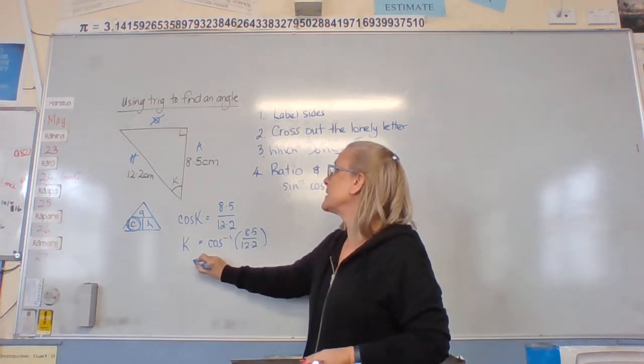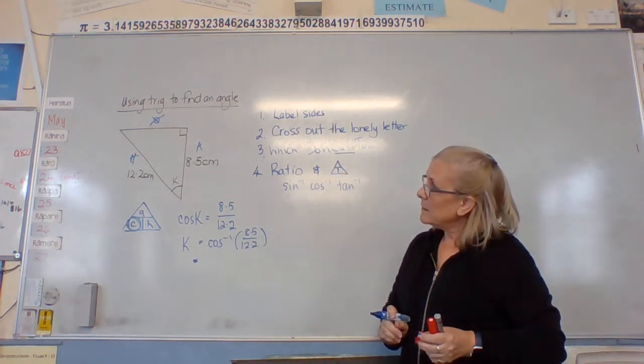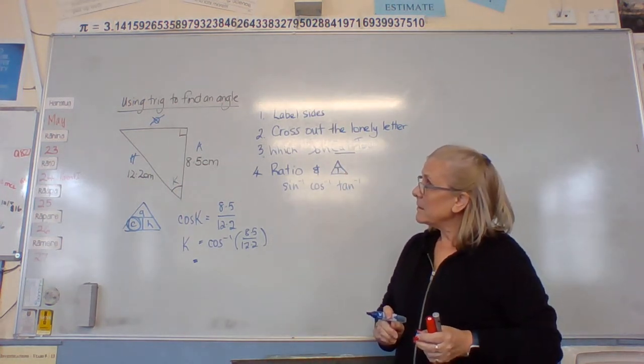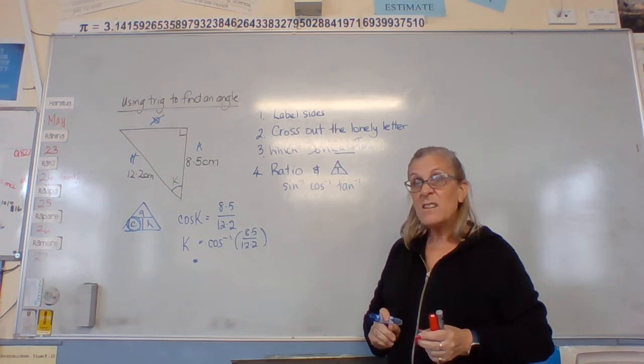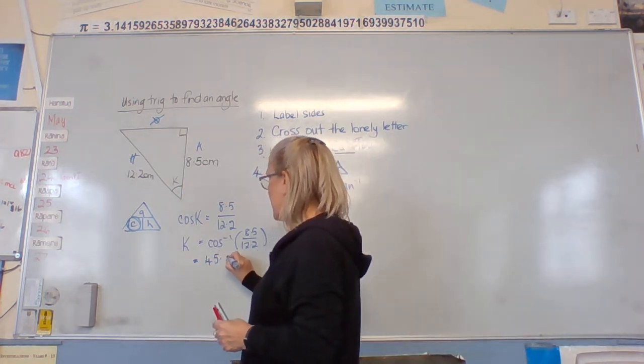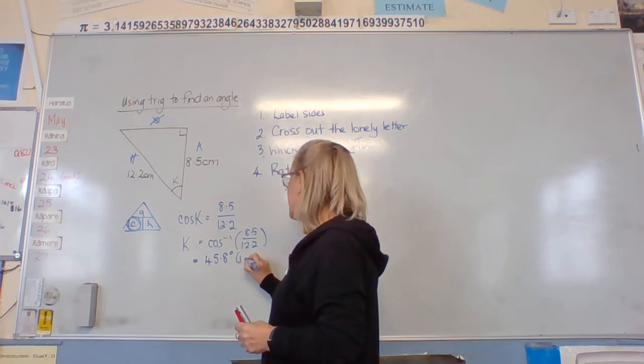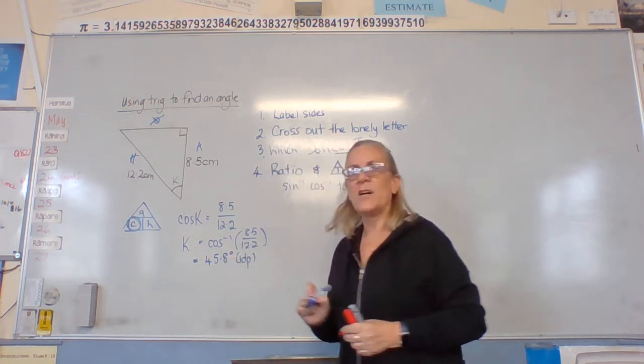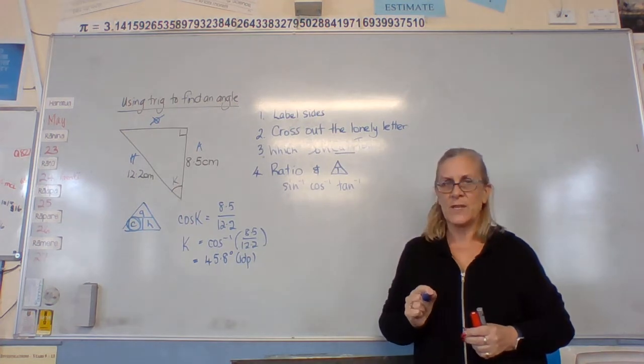And we get 45.8, 1 dp, and it's a degree this time. So our unit this time is a little circle for degrees.